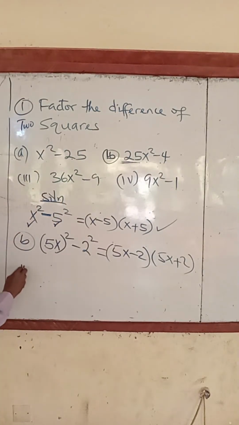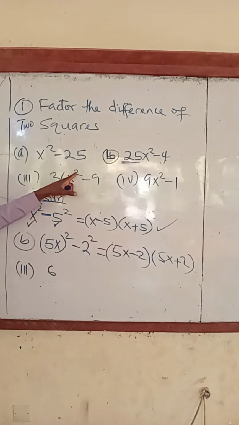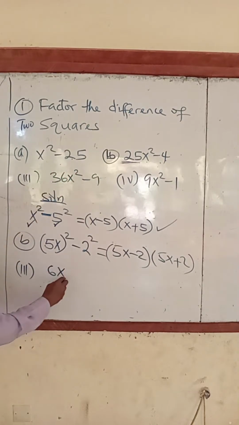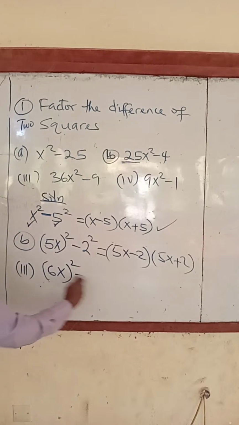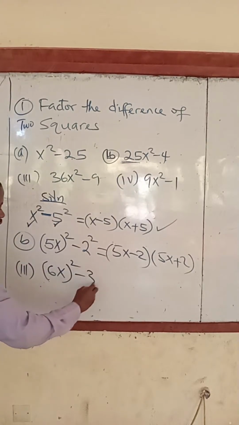The third one, the 36 is 6 squared. This is x squared. I can combine it together to be 6x, enclose it inside brackets, square that. The 9 is 3 squared.